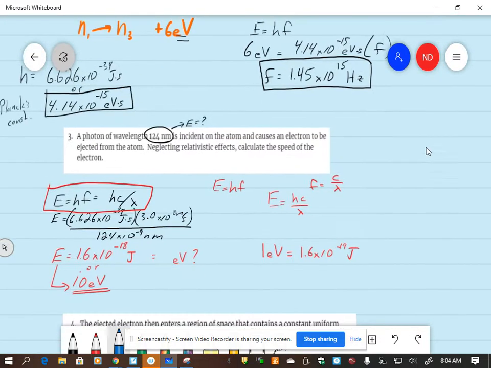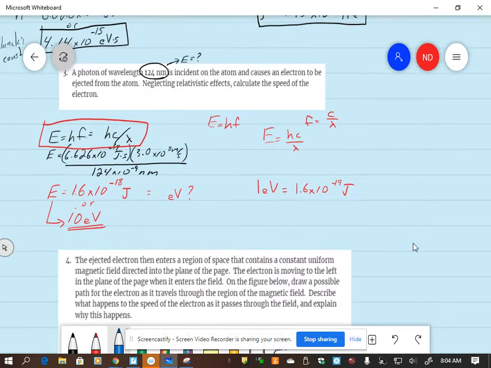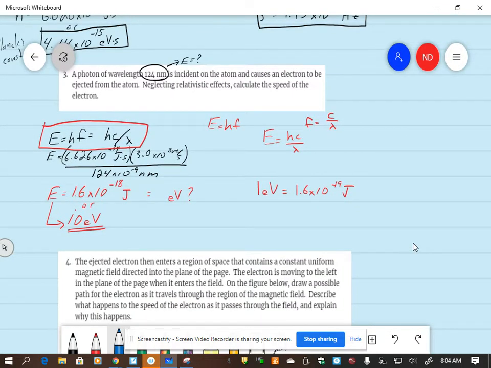It takes 8 electron volts to ionize. It'll have 2 left over. 8 electron volts to ionize, 2 electron volts, I'll call it extra. That will be the energy of the electron that gets kicked off.